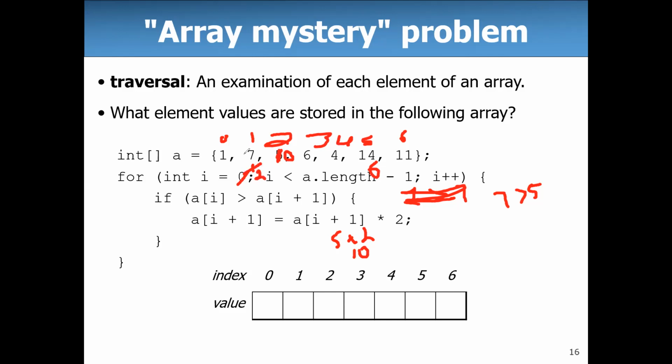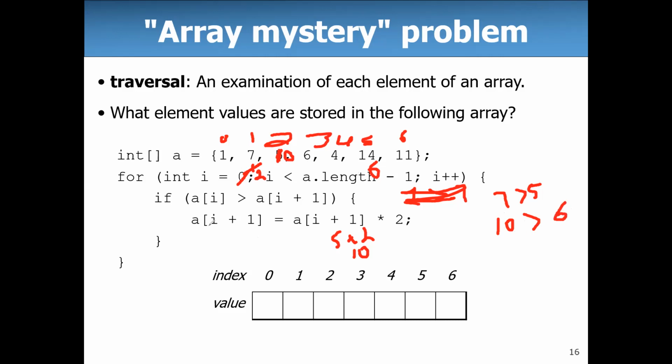Your i is now 2. Is 2 less than 6? Yes. You go inside. What is a of i now? i is 2, index 2 is holding 10. Is 10 greater than a of i plus 1? 2 plus 1 is 3, a of 3. What is at index 3? 6. Is 10 greater than 6?